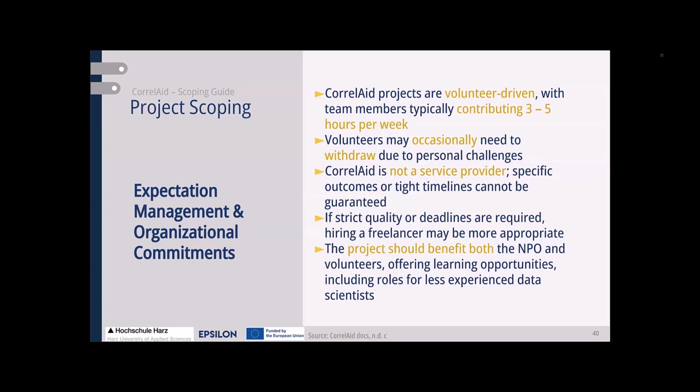And if deadlines are required, the organization should think about hiring paid freelancers and not working with volunteers. And as we already discussed with the individual utility function of the volunteers, you have to be aware that the project should benefit both the nonprofit organization and the volunteers.